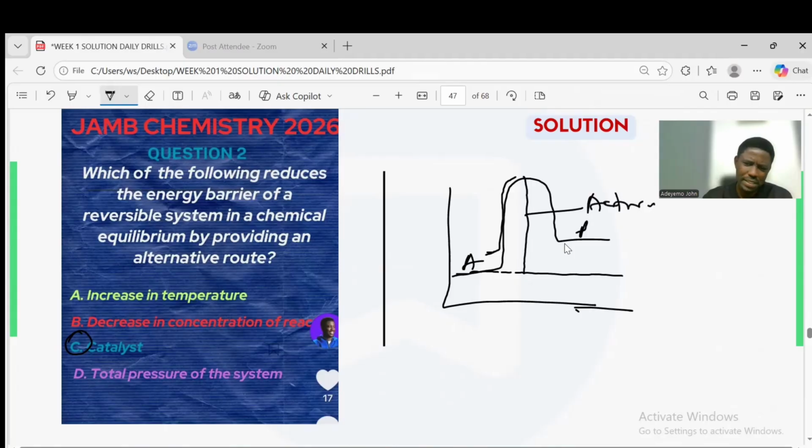Okay, and sometimes we call it energy barrier because that is the energy you must overcome for you to form B. You want to move from here. Okay, see you here. You want to get to this place. This is your destiny. So you have to jump over. But the main thing that actually affects this by providing an alternative route is catalyst.